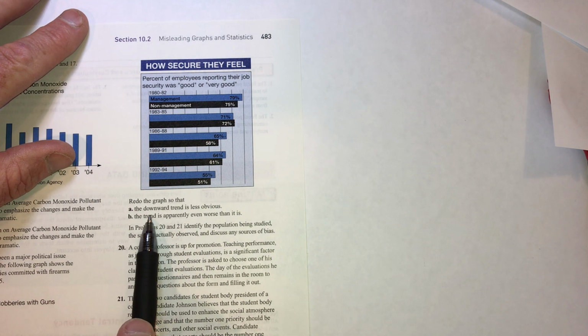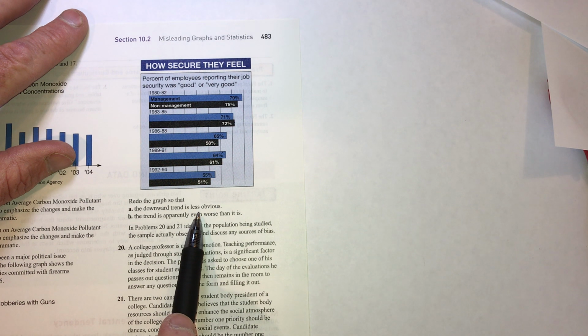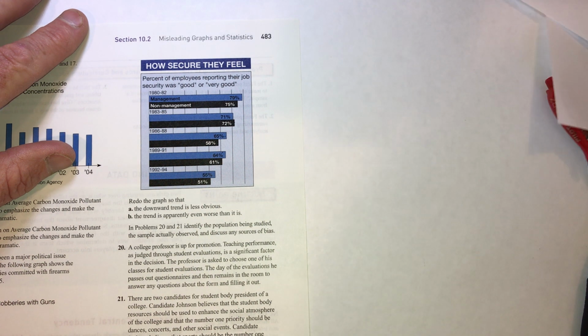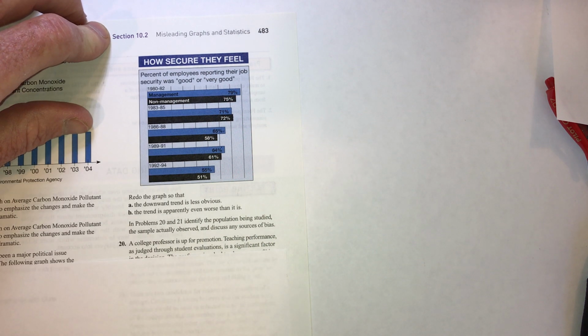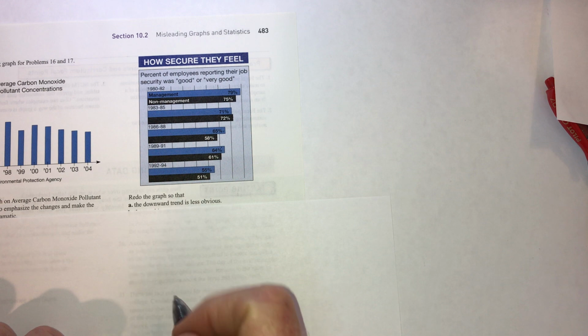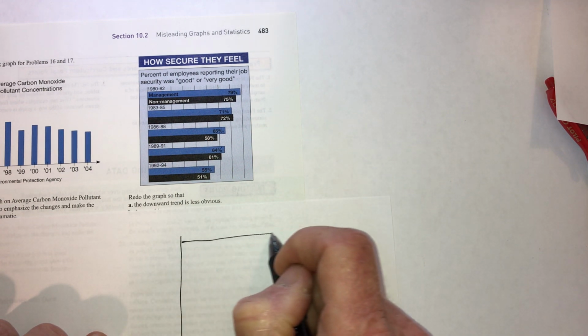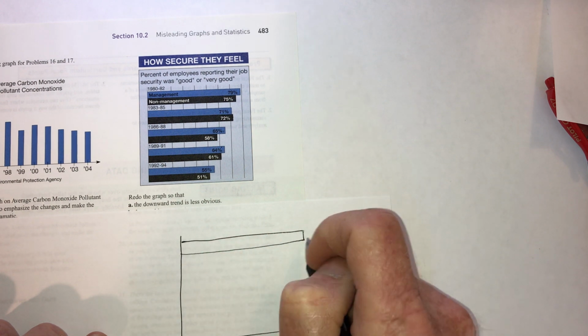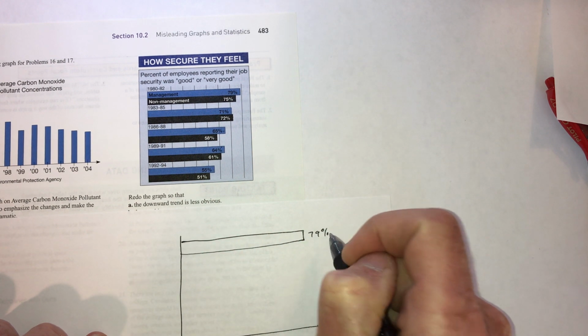So redo the graph so the downward trend is less obvious. Again, that is just shortening the graph. Doing it this way this time. And so the downward trend is less obvious. So that would mean this is the first one that's 79%.